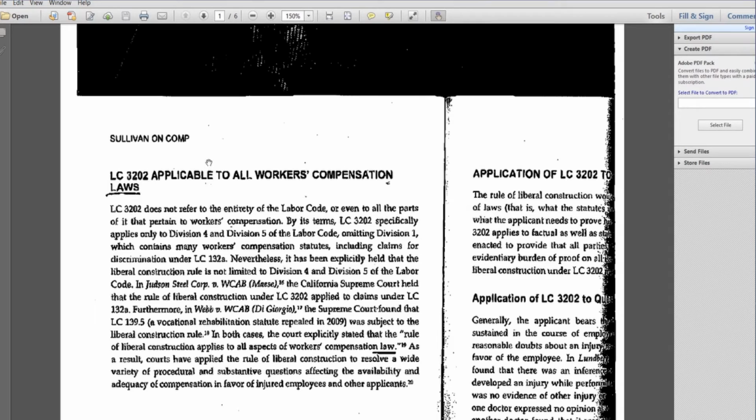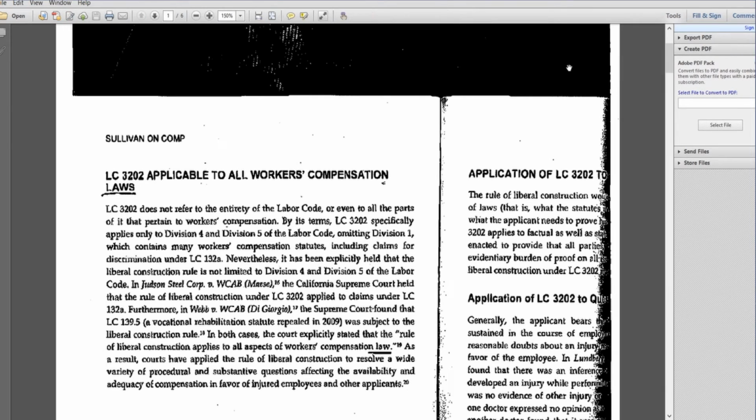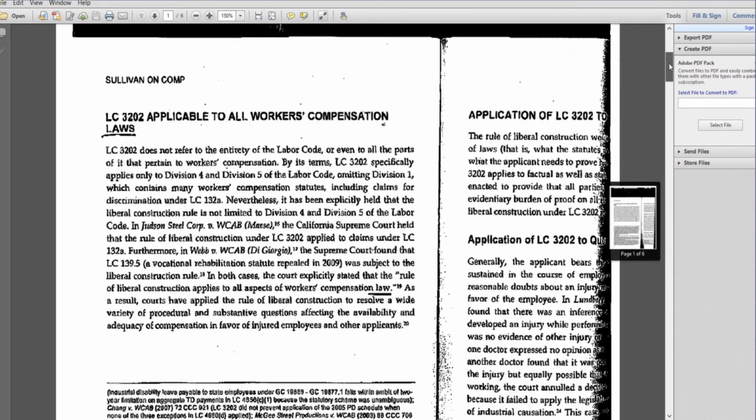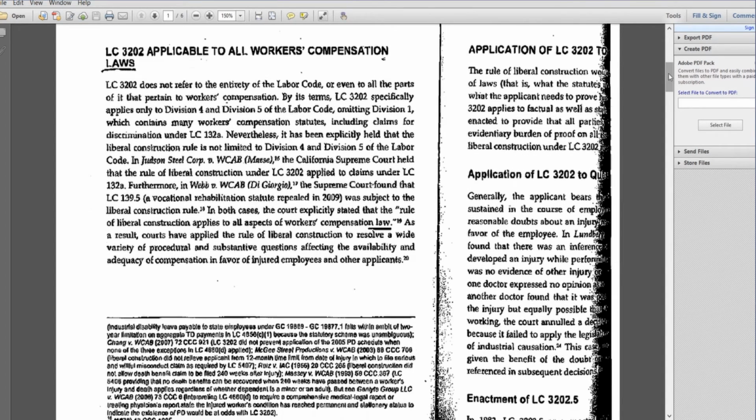So I just want to read a few passages that are relevant to our discussion here. Those of you that have the PowerPoint presentation can follow along with me. Those of you that do not, I've included these references in your course materials.